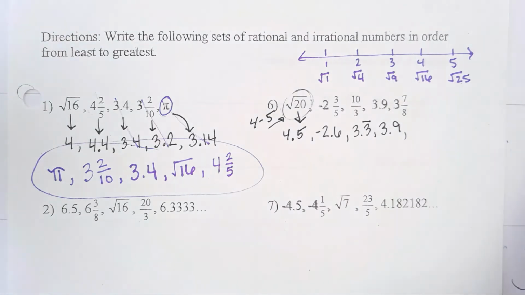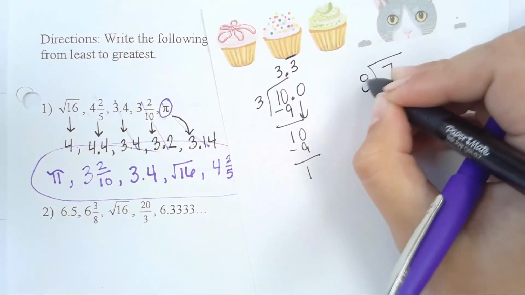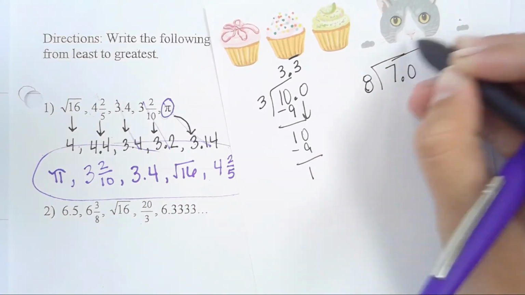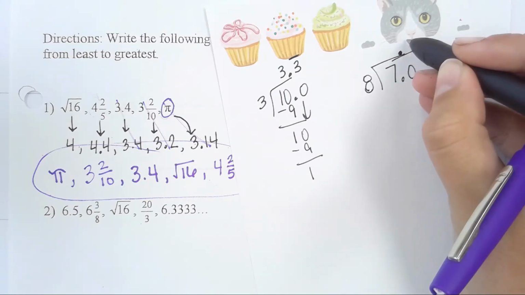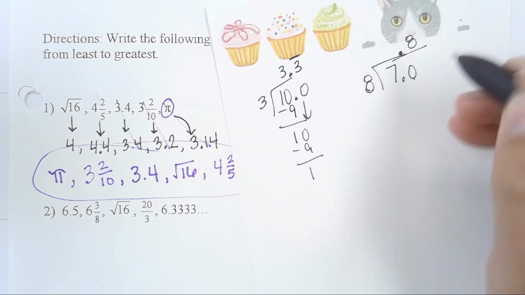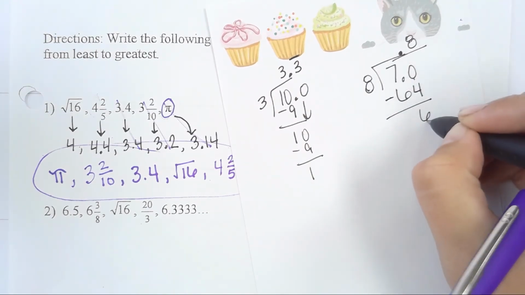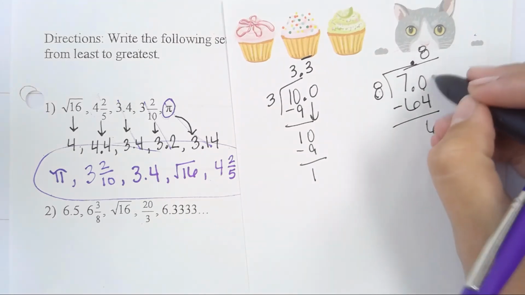And then our last one is 3 7/8. So again, I want to change that 7/8 into a decimal. So 8 does not go into 7. Add your decimal point and a 0. 8 goes into 70 8 times, because that would be 64. Leaves us with a remainder of 6. 8 does not go into 6, so add a 0.